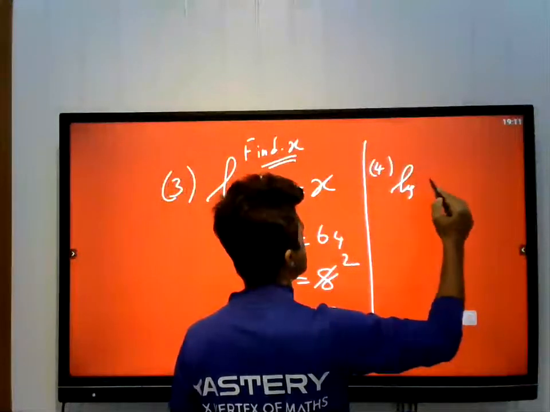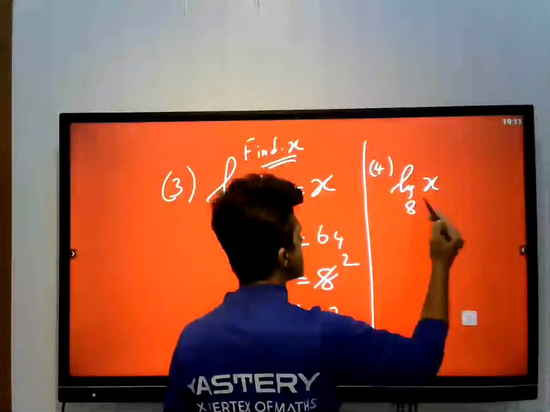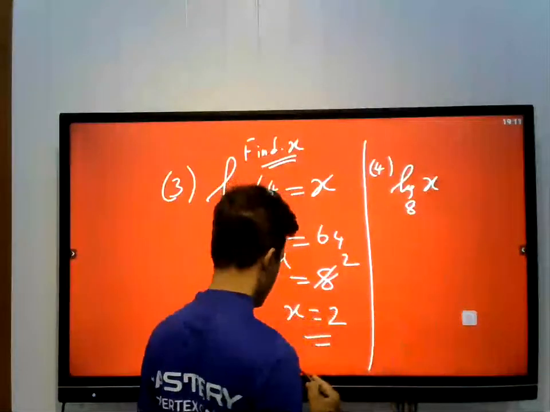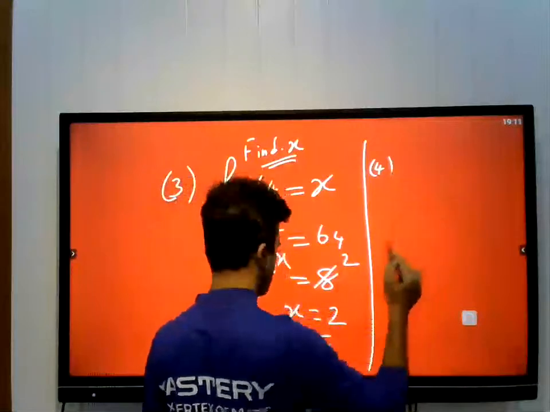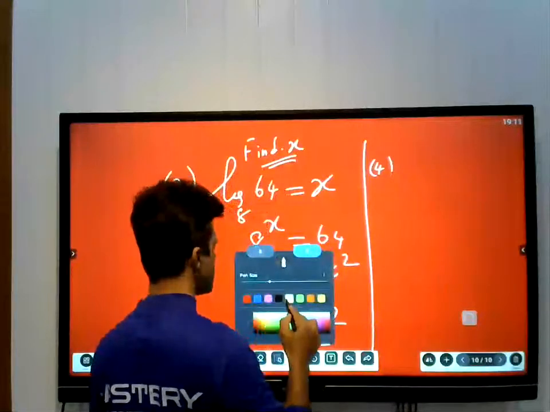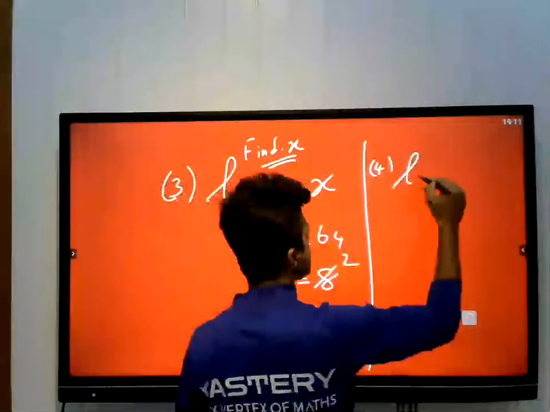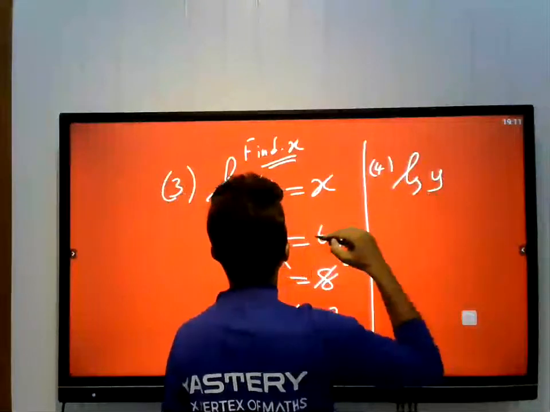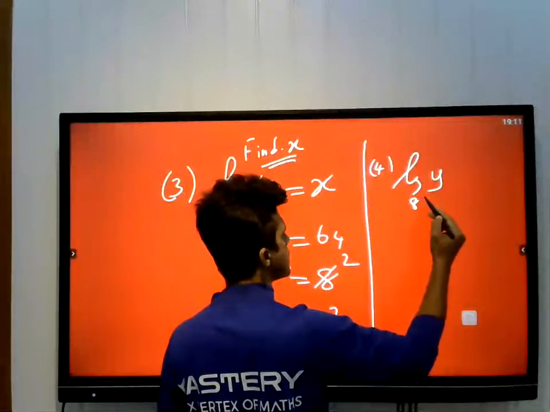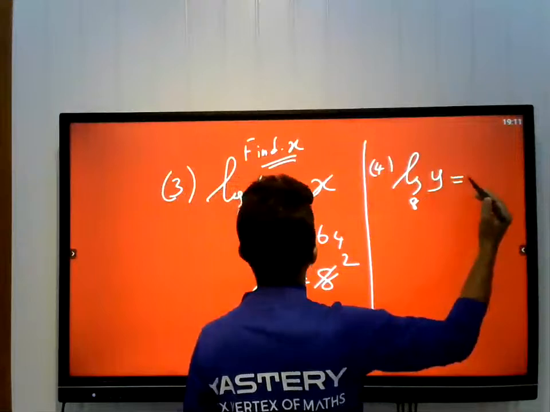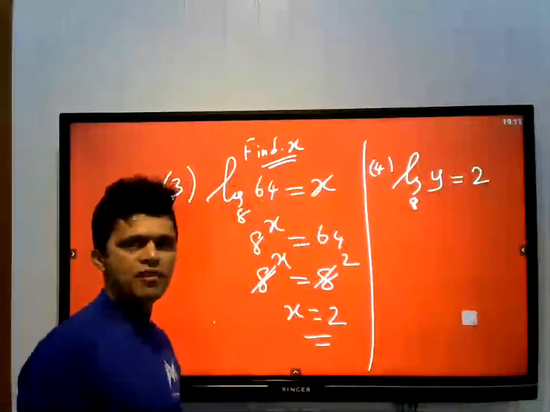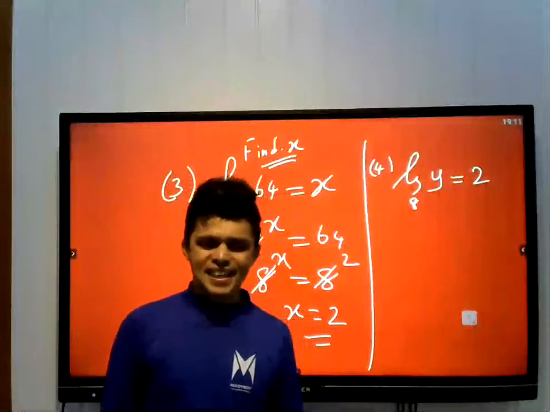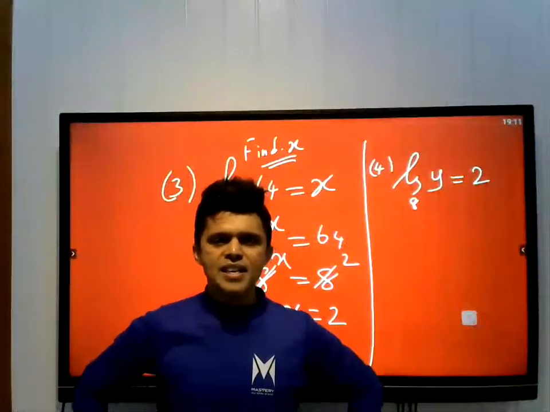On the other hand, the same question can be given with y in place of x. Log y to base 8 equals 2. How can you get the value of y here?